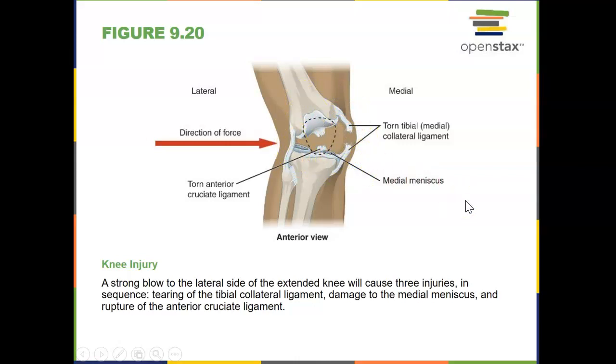And that is really a very dramatic injury. It can damage the medial or the lateral meniscus as well, and the bursa. It's a real mess. And so once these ligaments are repaired, oftentimes you'll see an extreme difference in the range of motion between the injured and uninjured joint.